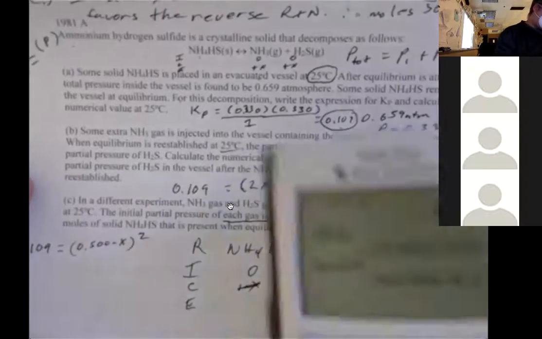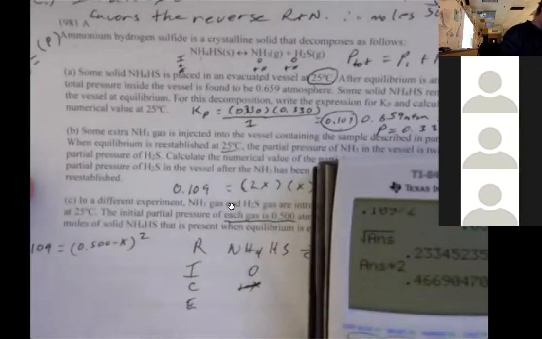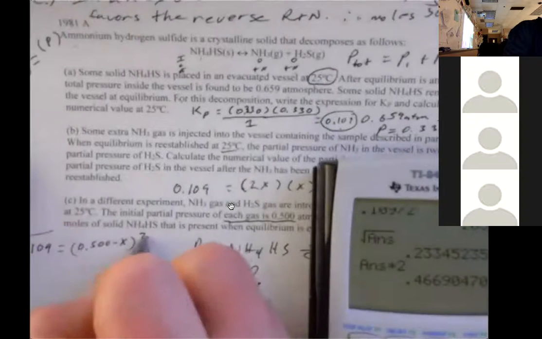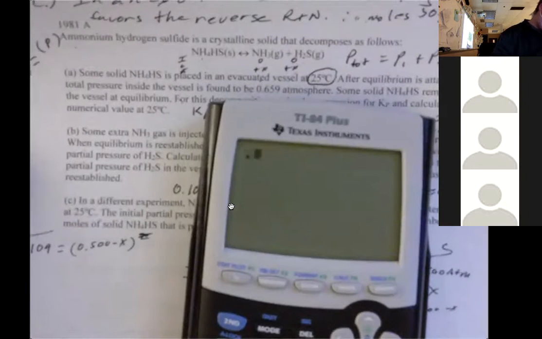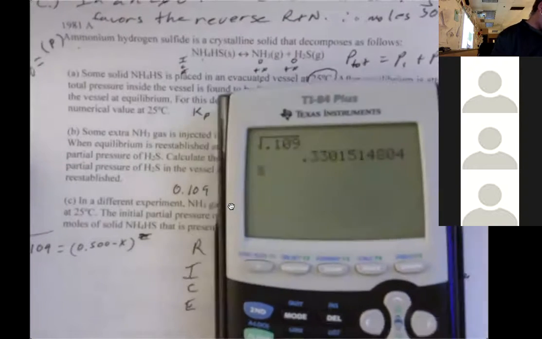So if we take the square root of that, we get 0.330.